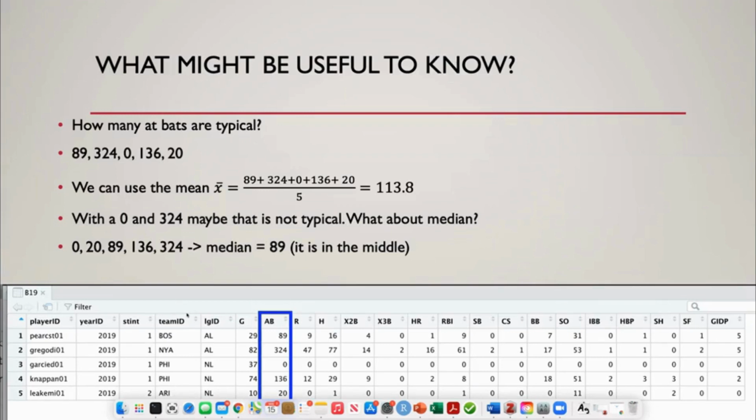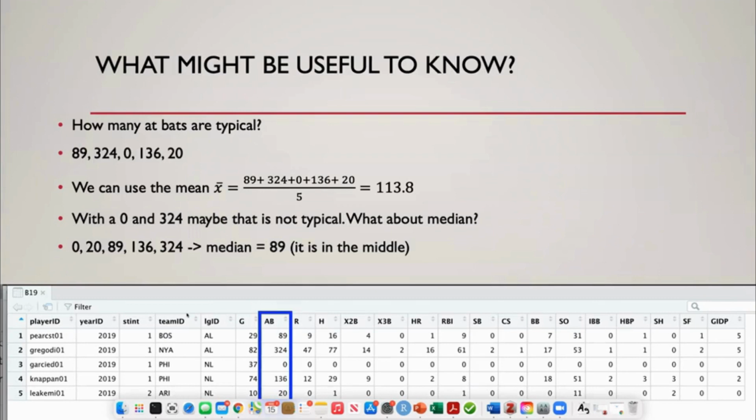So we got 2 there. Well, to find the median, we order them. So instead of having them in the order that they were in observation, we put them in order ascending. So 0, then 20, 89, 136, and 324. And 89 is in the middle. So there's your median.